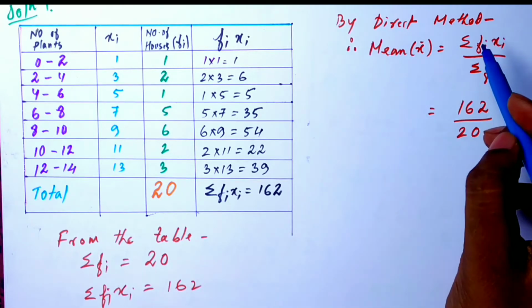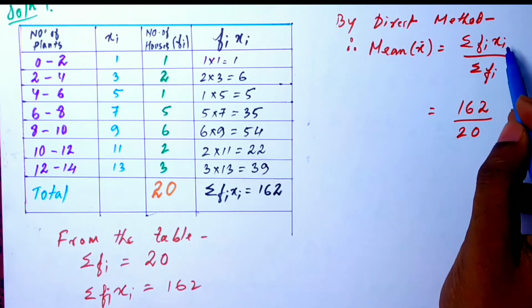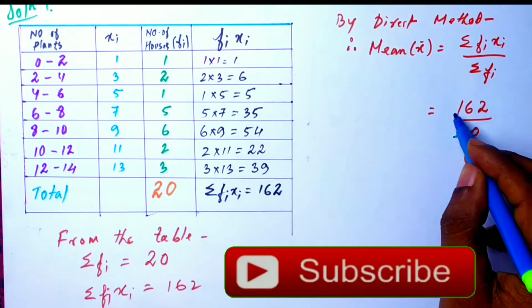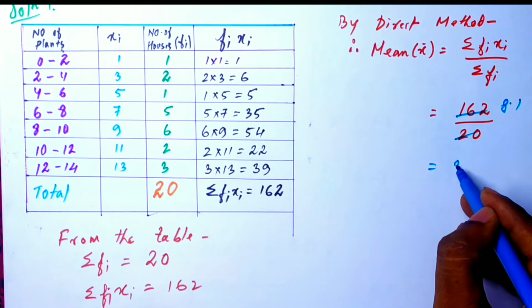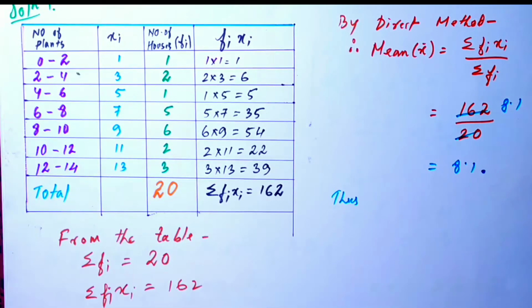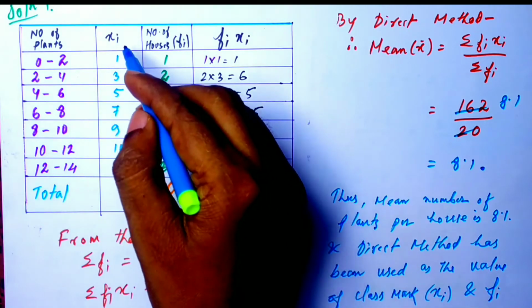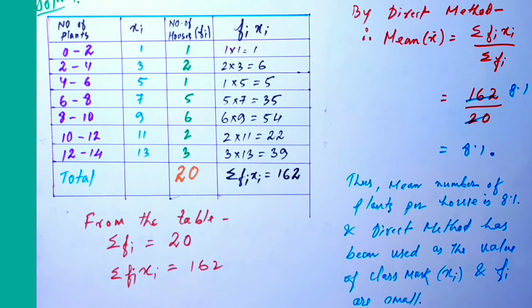So by direct method, mean is summation fi xi by summation fi, which is 162 by 20, which gives 8.1. Thus the mean number of plants per house is 8.1. The direct method has been used as the values of class mark xi and fi are small.